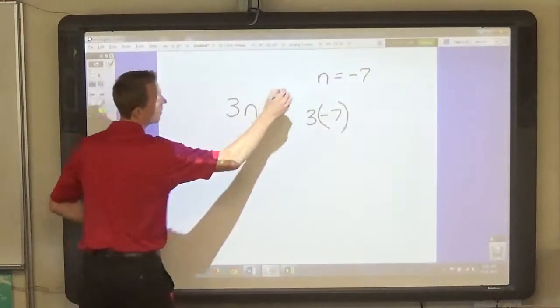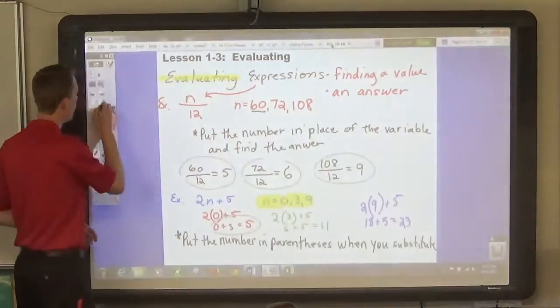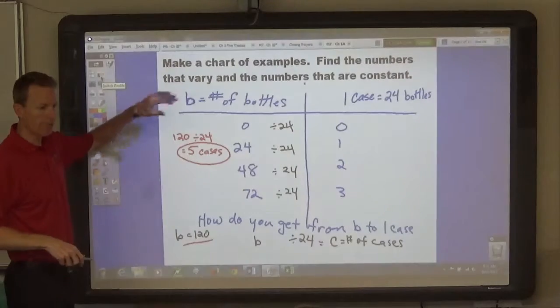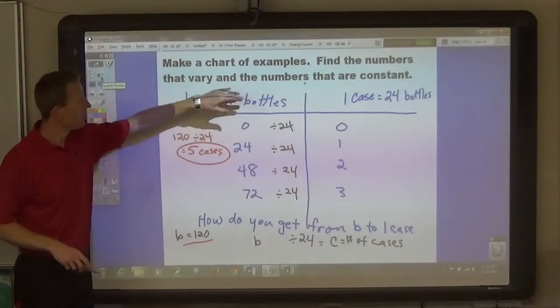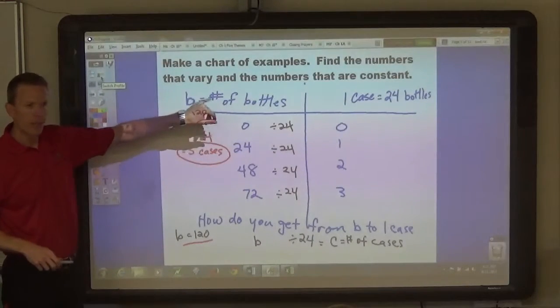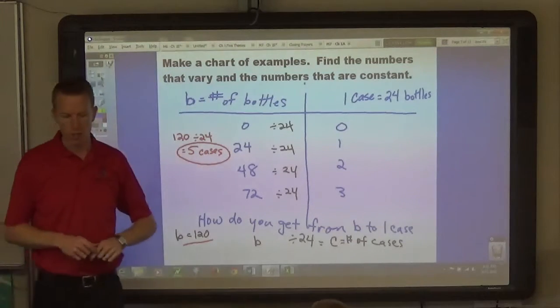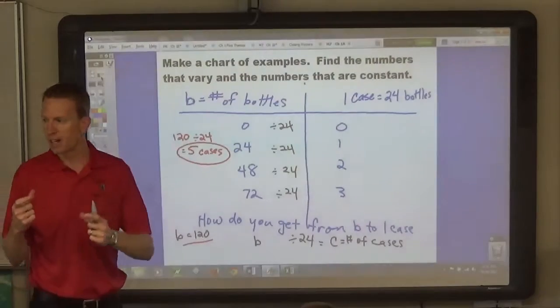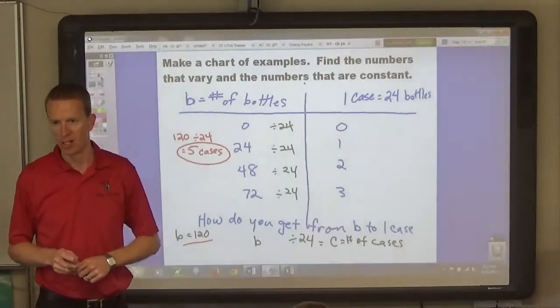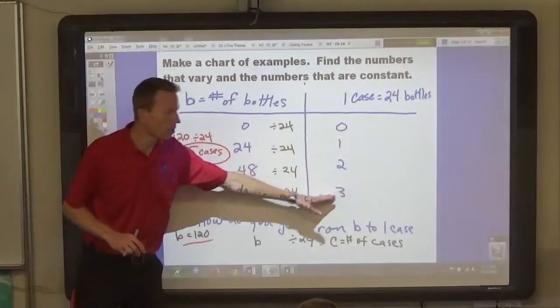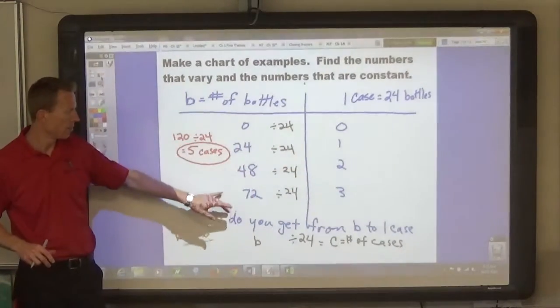Let's go back to our notes. So evaluating expressions. Then one of the things that you might have to do is use information on a chart or use information from a situation and then write the expression. And so it's important that you try to figure out the pattern using a chart.